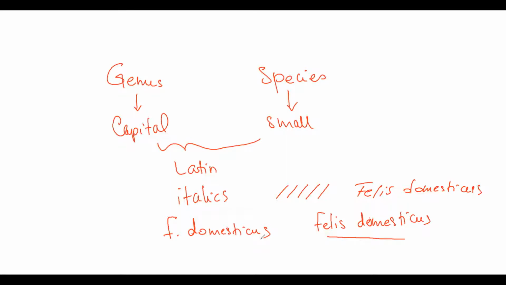Sometimes you get a question in the test with several names of different species, and they ask you which species have the same genus. You just look at the first name, never the second.